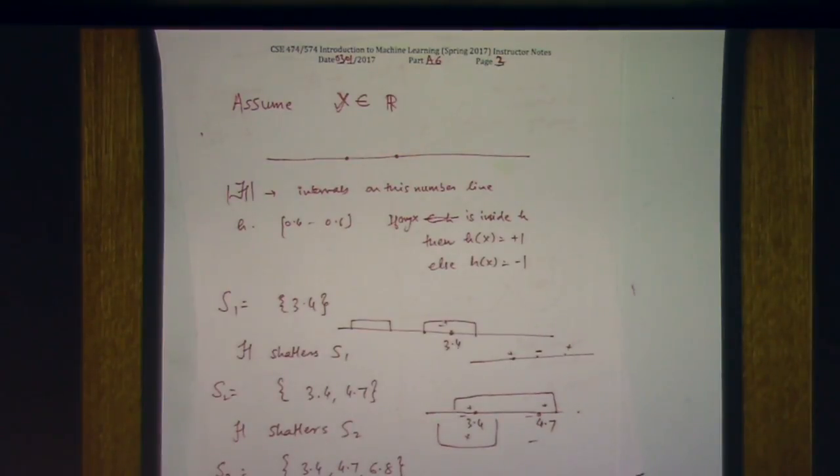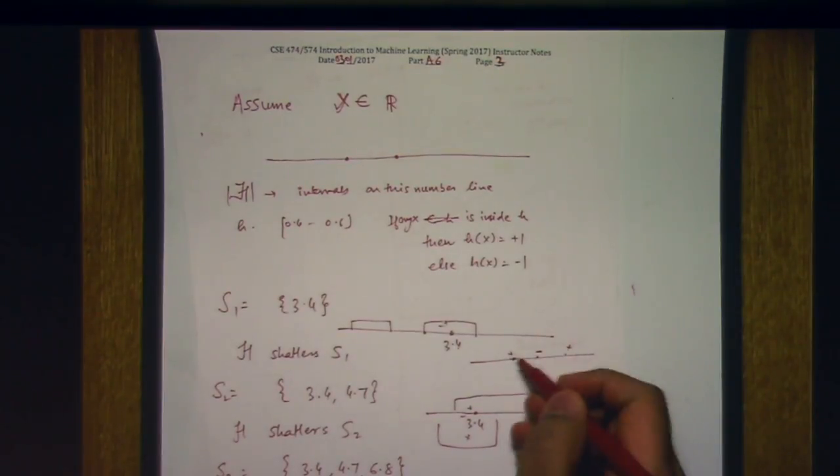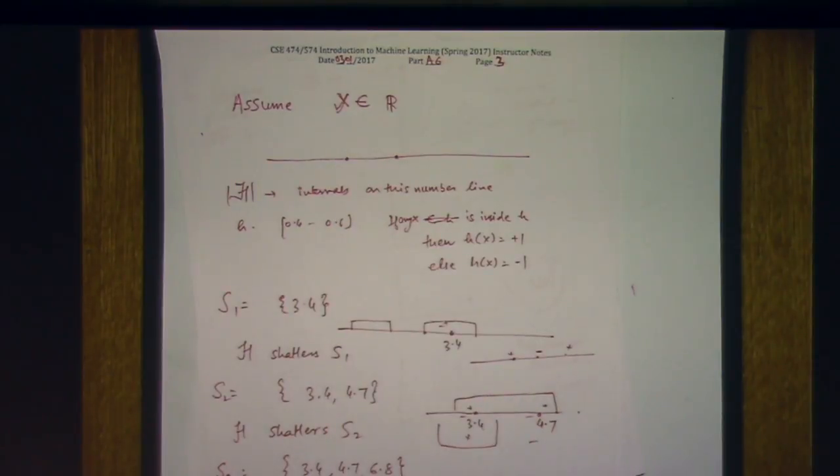Which means that this subset will not get shattered by H. And what you can show is that you will never find a subset of 3 points that will be shattered by this H, because once you find the subset, you need to make sure that every possible labeling is represented by one of the hypotheses.